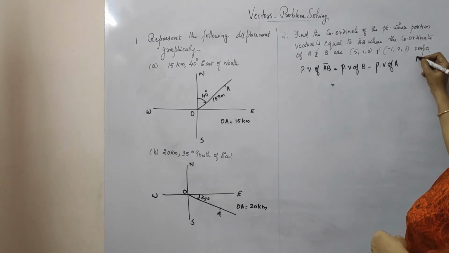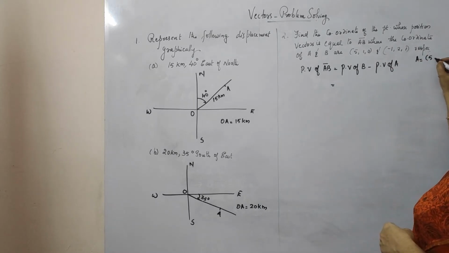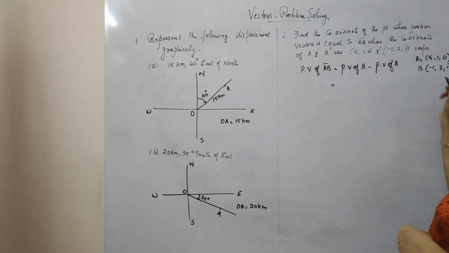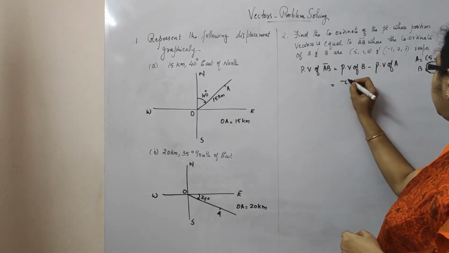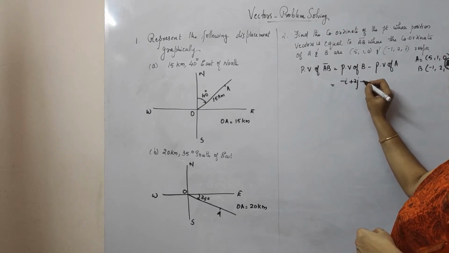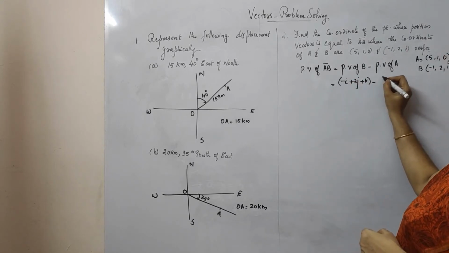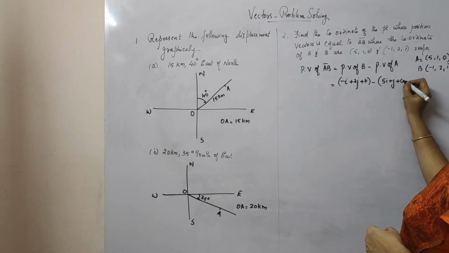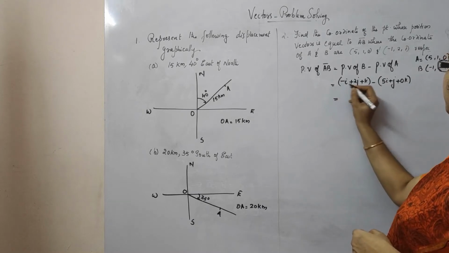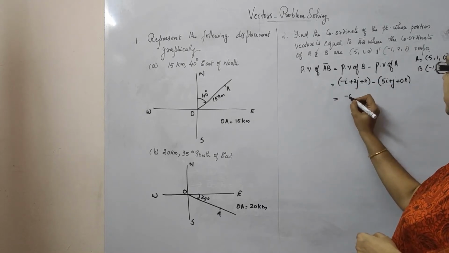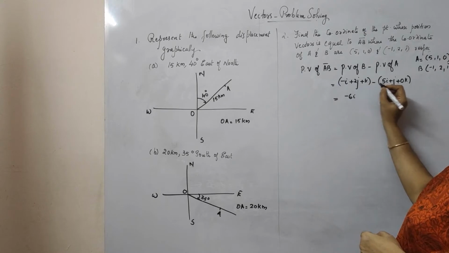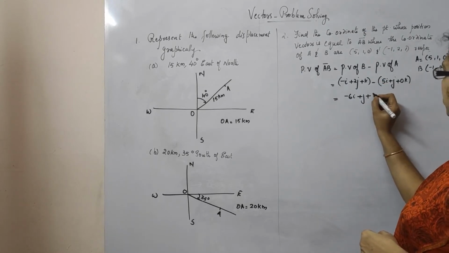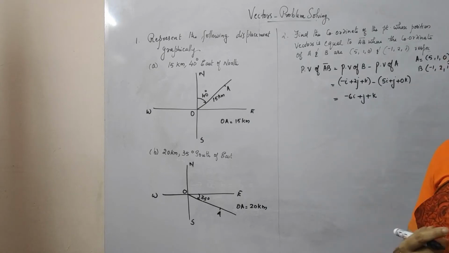Here A is given as the point (5, 1, 0) and B is (-1, 2, 1). So the position vector of B is -i + 2j + k, minus the position vector of A, 5i + j + 0k. So what do you have here? -1 minus 5, that is -6i, plus 2j minus j, that is plus j, plus k minus 0k, that is plus k. So this is the position vector of AB.